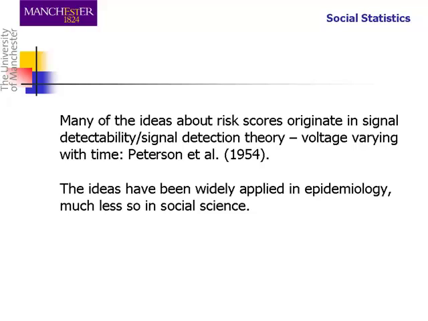So they were looking at what was happening with the electrical current, and they were seeing spikes and troughs, and they wanted to distinguish what was a signal from what was noise. And that's really where the initial ideas come from for thinking about how one can make decisions on the basis of evidence in situations of uncertainty.